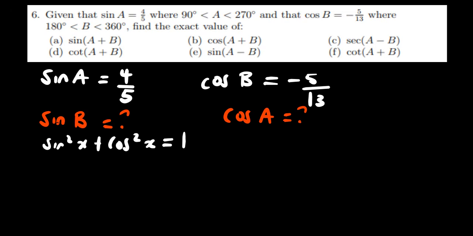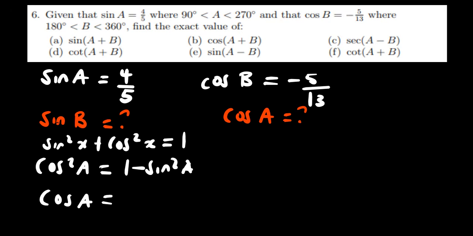In this case, since we're trying to find cos a, cos squared a will be equal to 1 minus sine squared a. Now if we square root both sides, I'm going to remain with cos a equals the square root of 1 minus sine squared a.